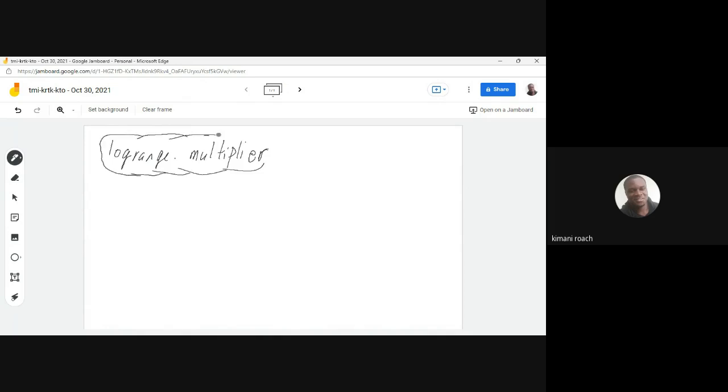We're going to look at what really are Lagrange multipliers and how we can apply this concept of Lagrange multipliers to real life. There would be many teaching strategies that teachers use out there.